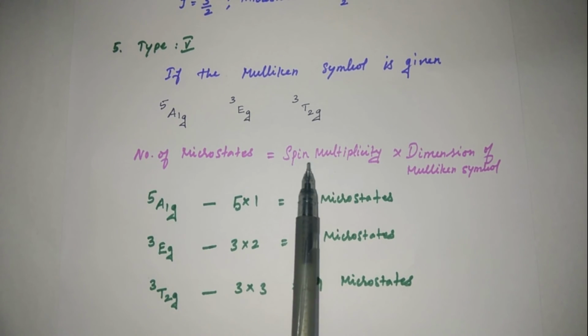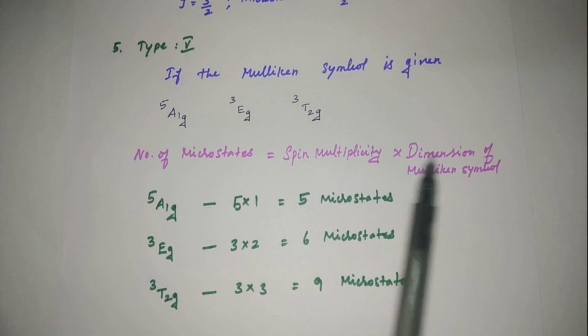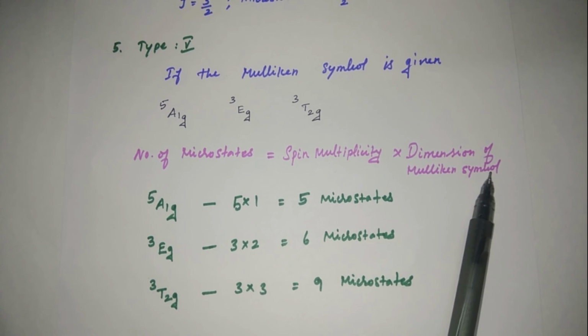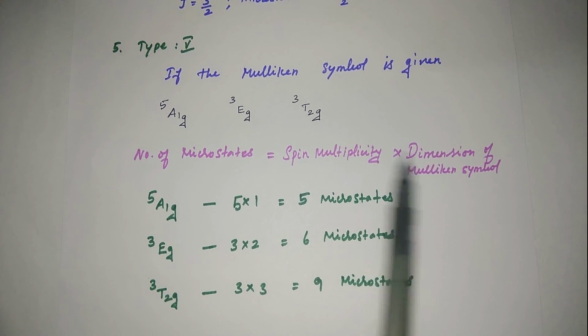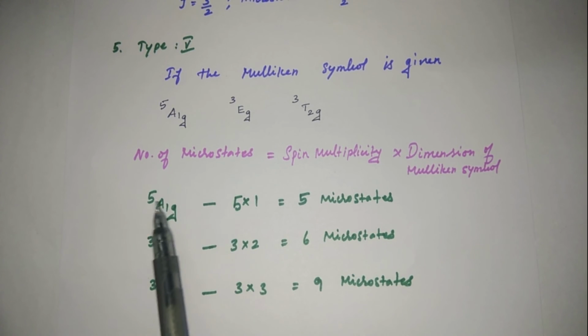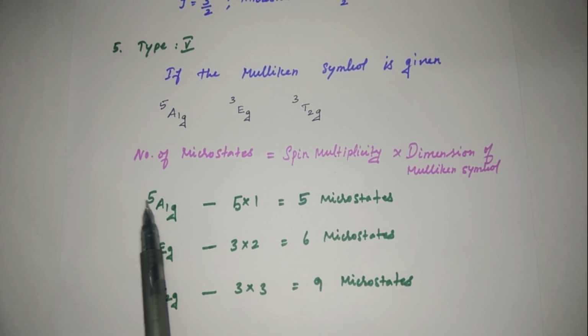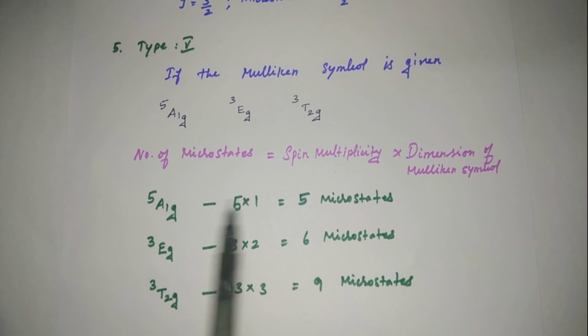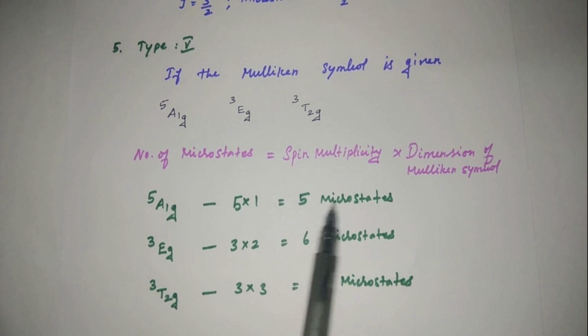The formula is spin multiplicity into the dimension of the Mulliken symbol. We have to calculate that. For 5A1g, the 5 is the spin multiplicity. So the spin multiplicity value is 5. 5 into A, which is a singlet, so 5 into 1 is equal to 5 microstates.